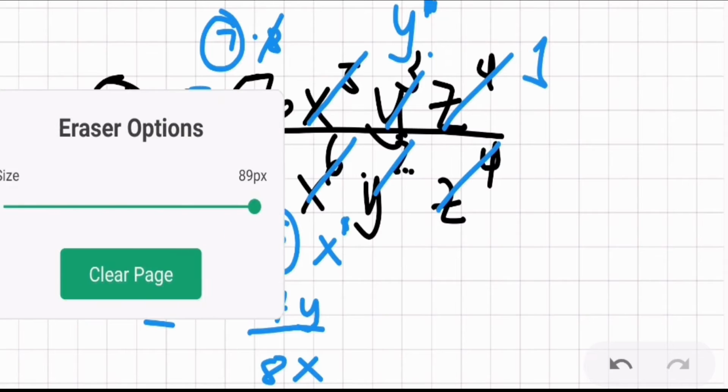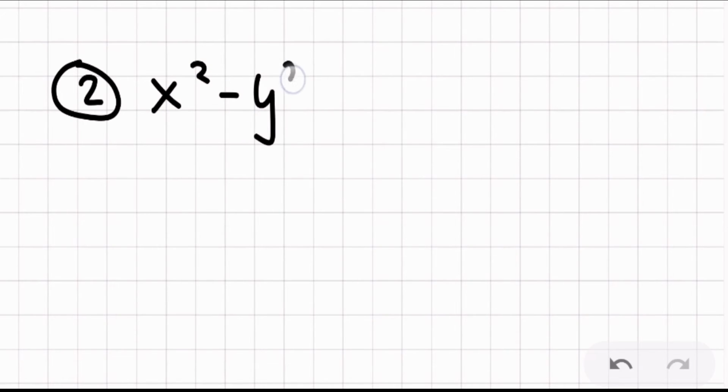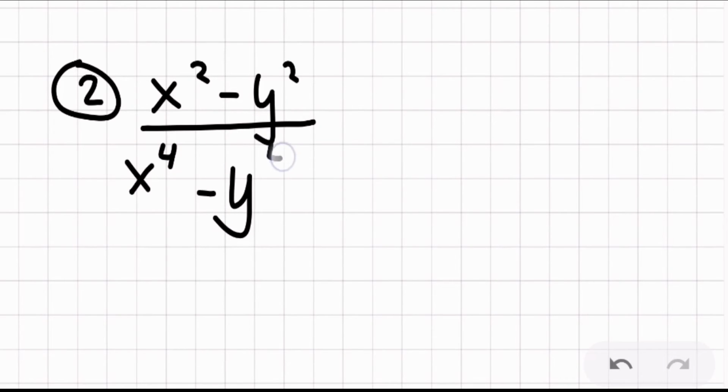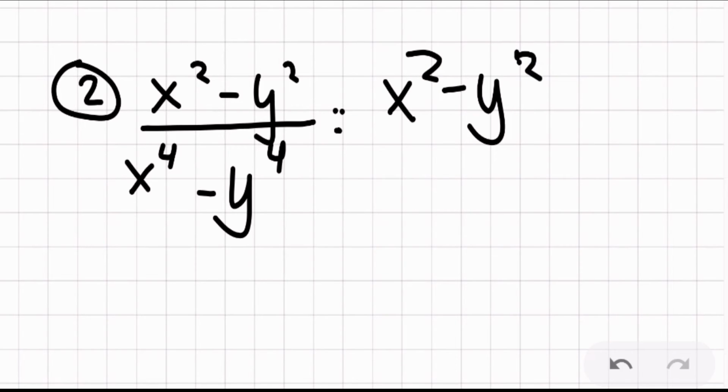Okay, let's move to the next example. Second example: x squared minus y squared over x raised to 4, y raised to 4. The trick in reducing rational expressions is that you must be able to see the relationship already so that you can simplify your solution. We can retain x squared minus y squared in the numerator, though we can still factor it out.